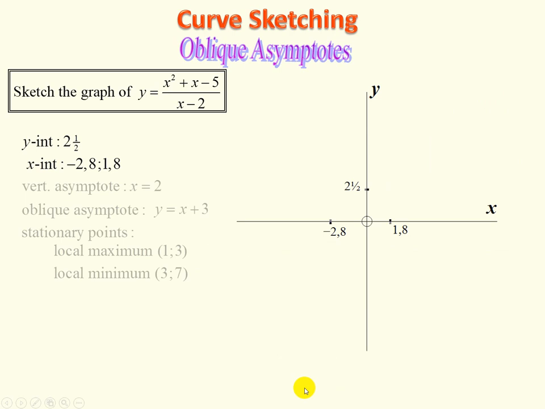Sorry, I'm taking you through these graph sketching steps very quickly because we've already done those. So there's our y-intercept, there are x-intercepts, vertical asymptote, oblique asymptote, there it is.